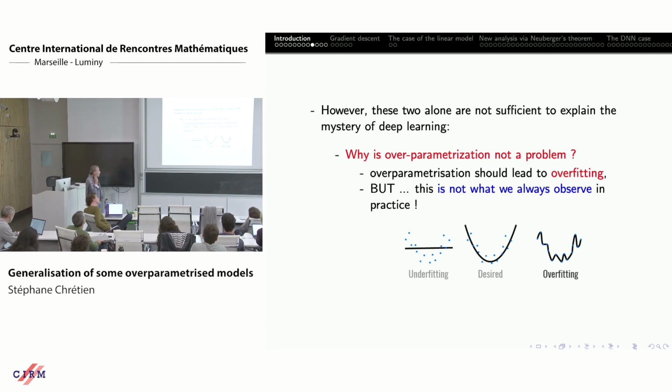So, of course, when we have very overparametrized systems, what we expect is that there's going to be some overfitting, and this is not what we observe in practice for a lot of different architectures that are trained on huge data sets.